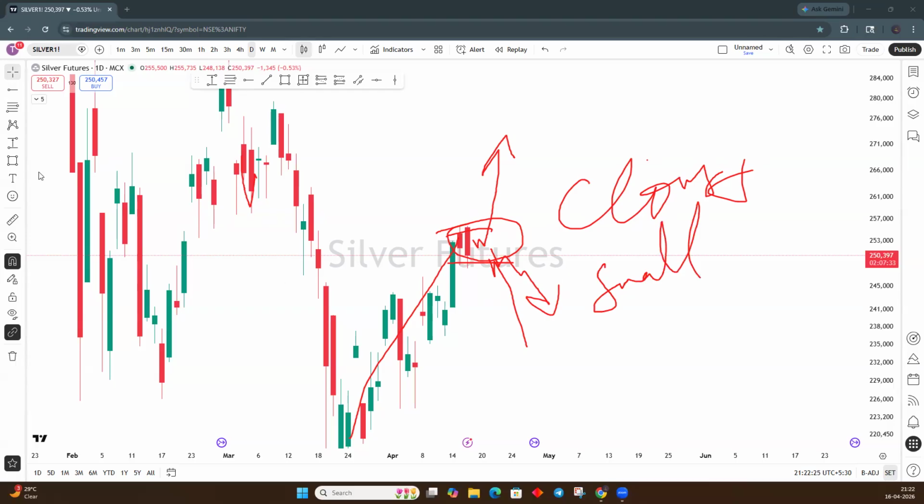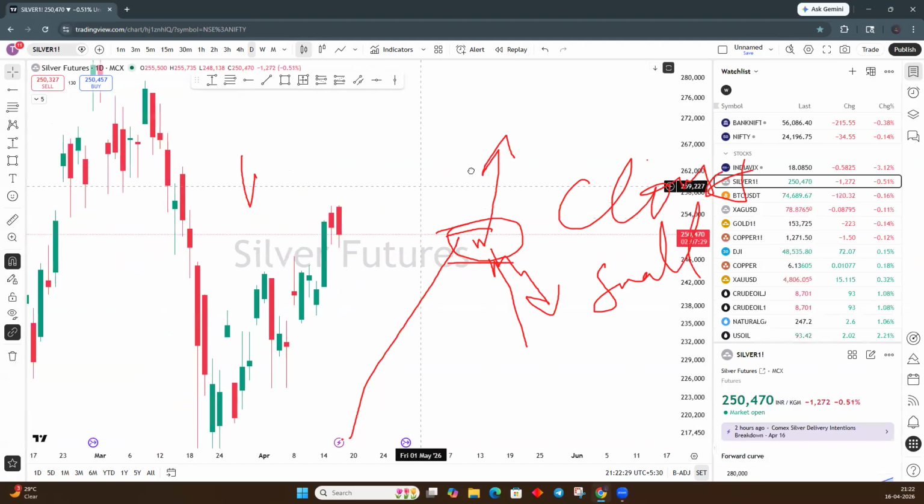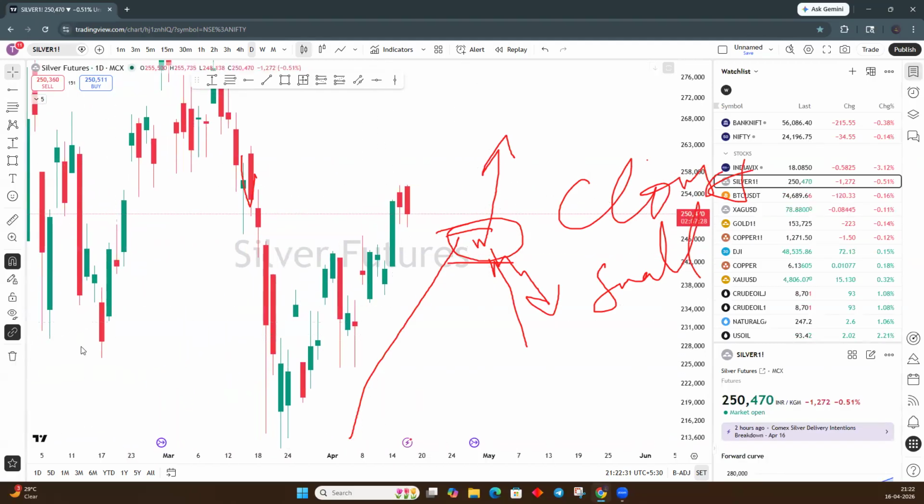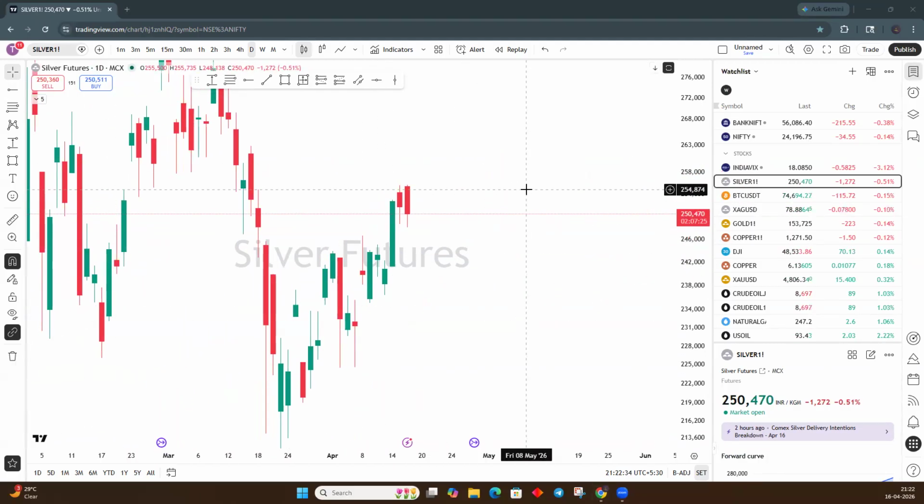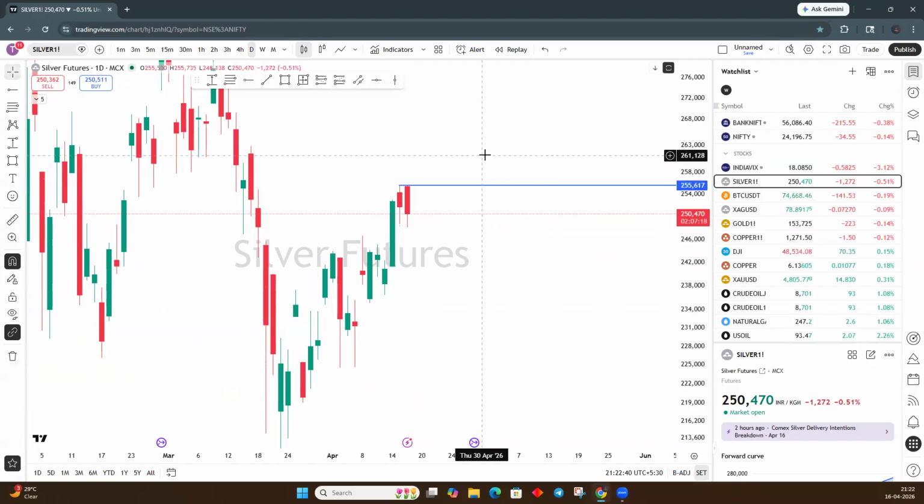But we can't do anything overnight as per the silver charts. If the overnight US market closes upside, it will be a gap up for silver again tomorrow as per the charts.